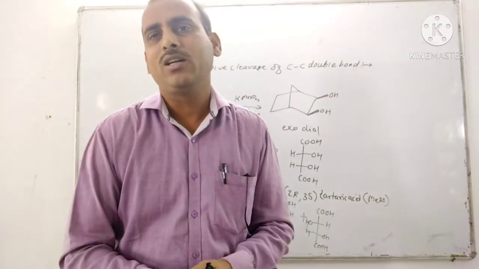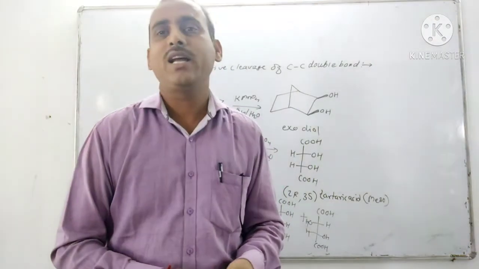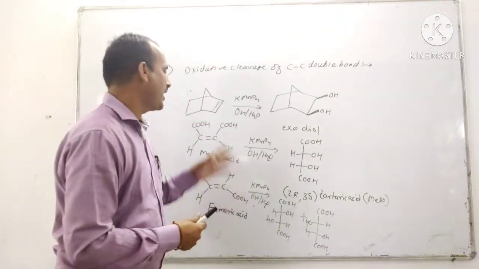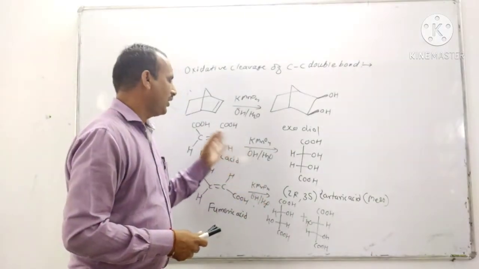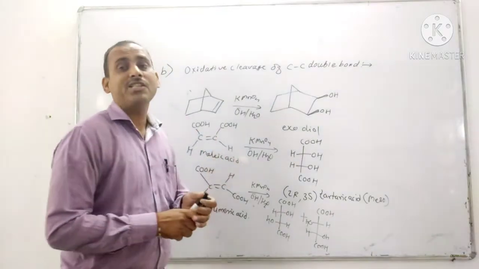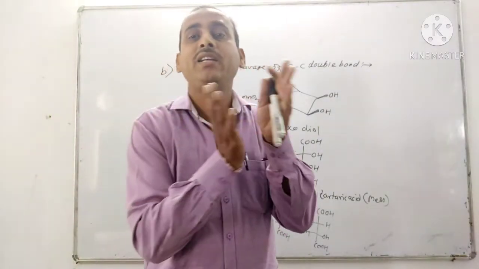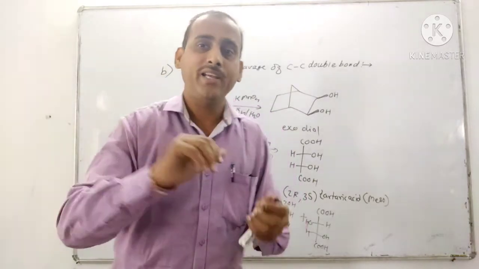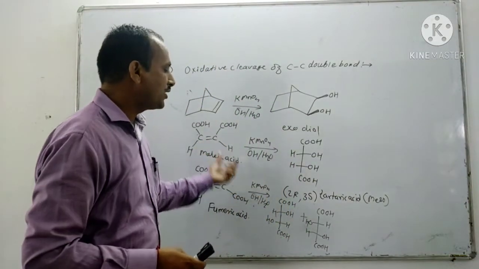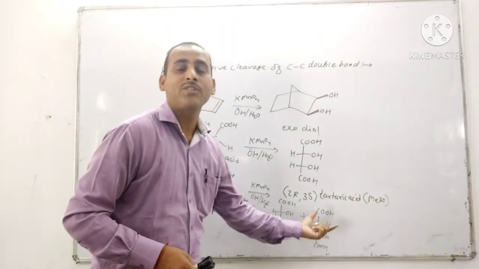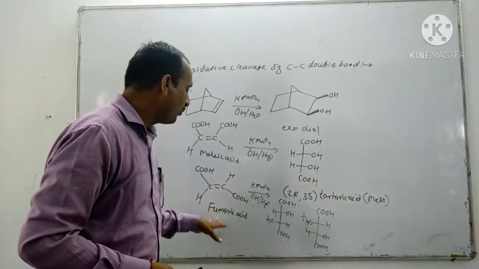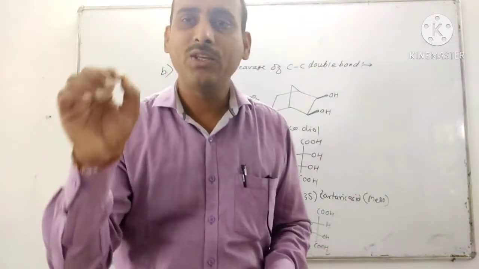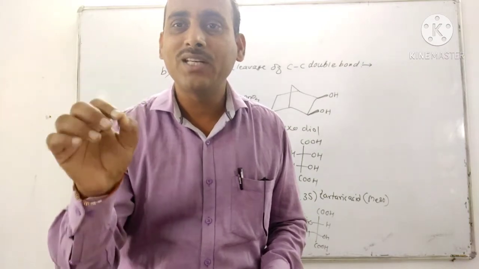So by using trifluoroperacetic acid, peracetic acid, if you use it for the dihydroxylation, then the dihydroxylation takes place according to anti addition, and the maleic acid gives these two pairs by using peracids, and the fumaric acid gives the mesotartaric acid by using the peracid.